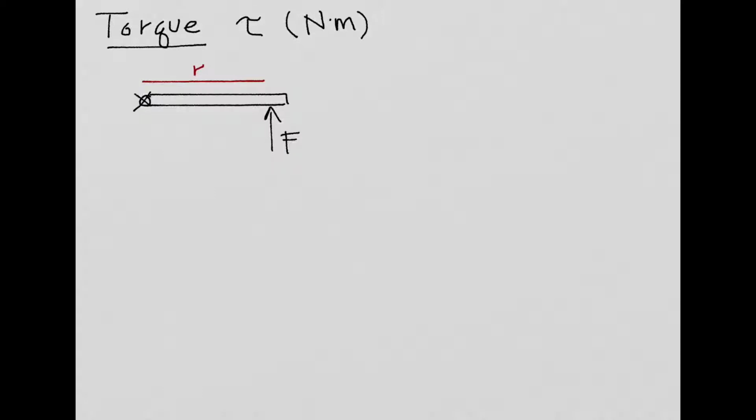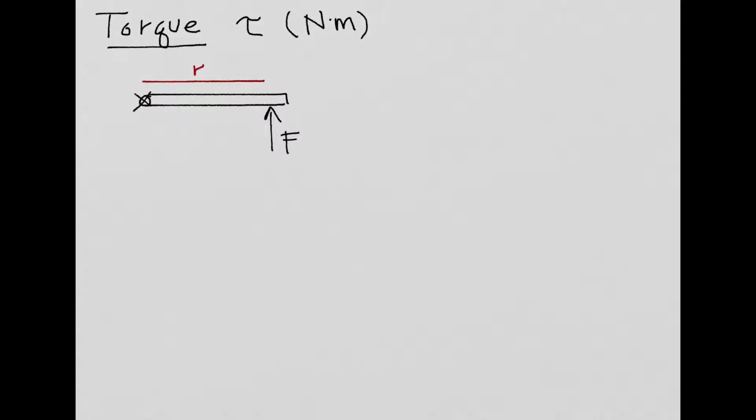And so we can see that if I applied the same force over here, it would not turn the door as much. And so we all know from experience that if we want to open the door as easily as possible, we put the force at the end of the door where it's most effective.